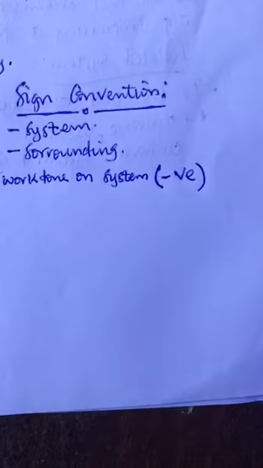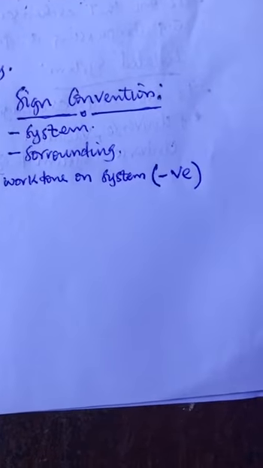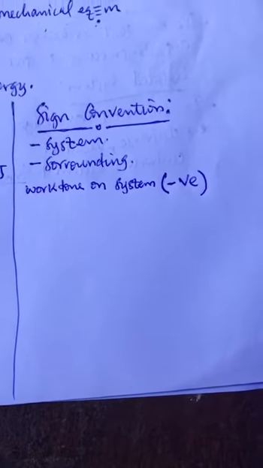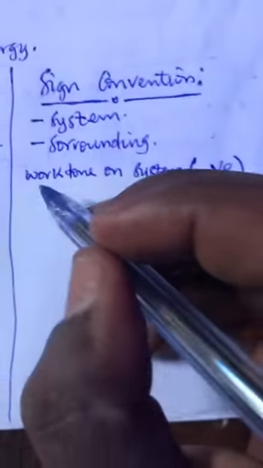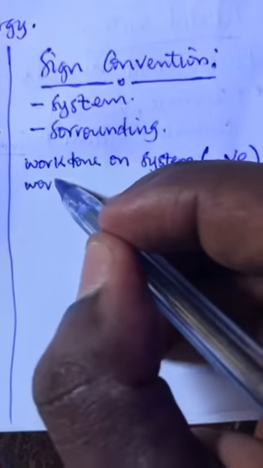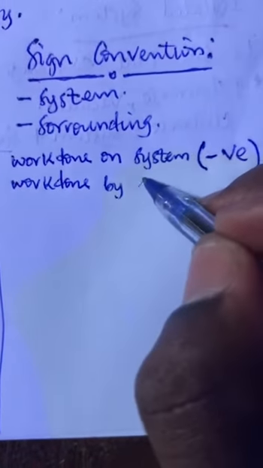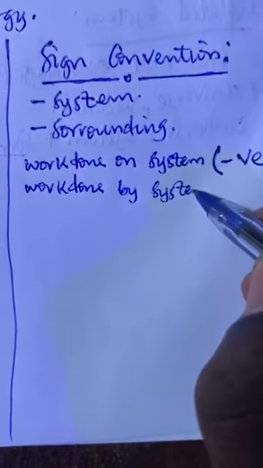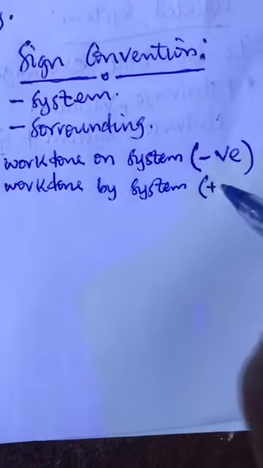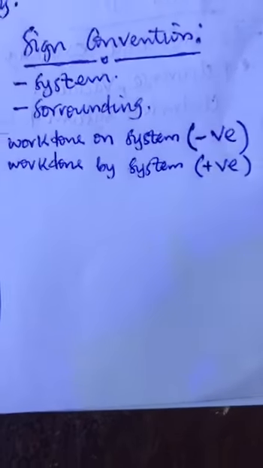Give it a negative sign, meaning that work is done on the system. You get? Now, if work is done by the system, so we give it a what? A positive. Since the system is doing work, we give it a positive.